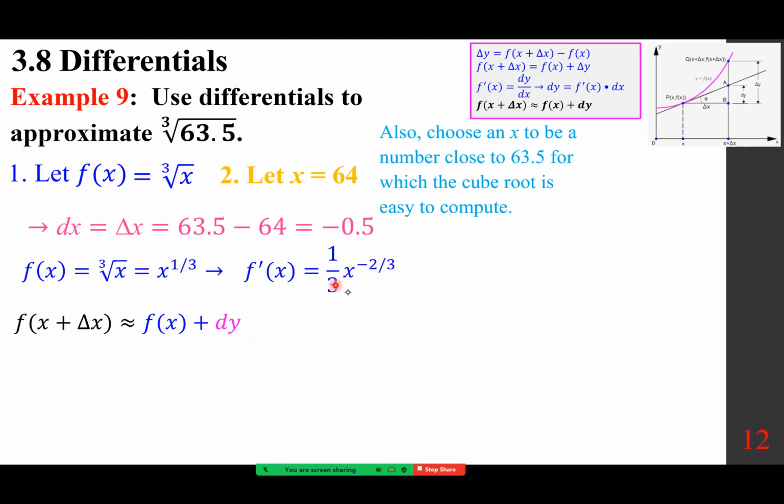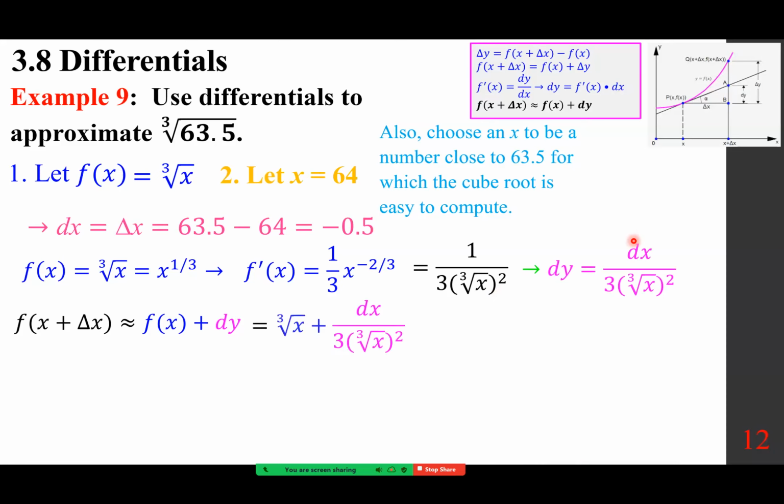Or we can take this down, make it x to the power of positive 2/3, or 1 over 3 times, this is the 3, cube root of x quantity squared. So what is dy? Exactly the same thing, times dx. So you can say times dx, or you can put the dx at top. It makes no difference. So this is f of x, this is dy.